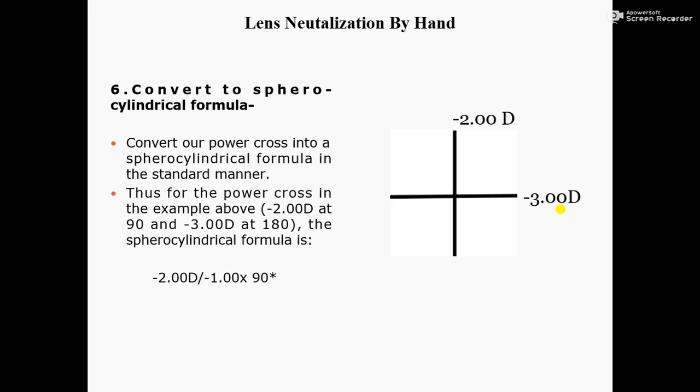And we will take the axis which we selected for the spherical, that is 90 degrees, because minus 2 diopter we are taking for the spherical, so we will put here 90 degrees. So the final power is minus 2 diopter spherical combined with minus 1 diopter cylinder at 90 degrees.